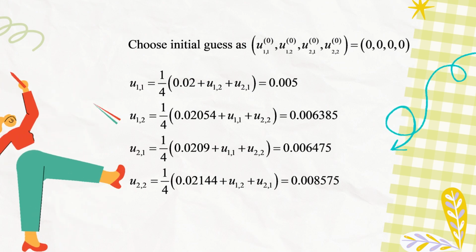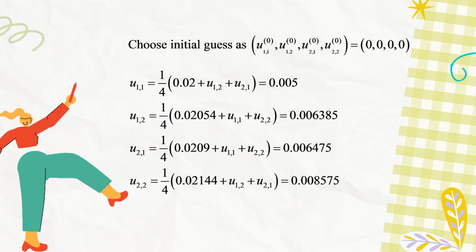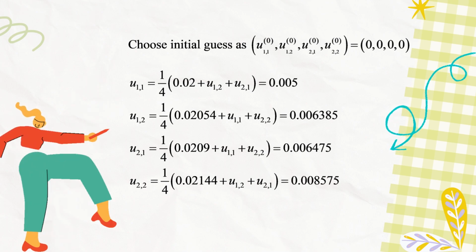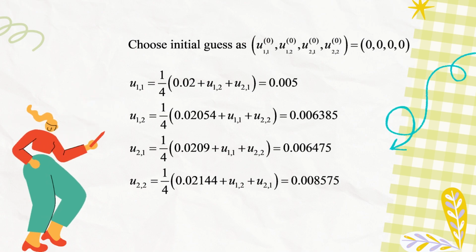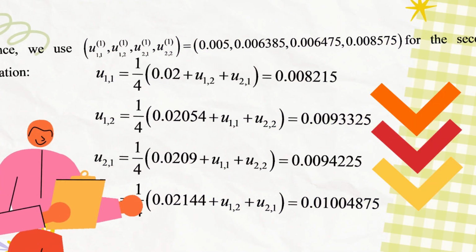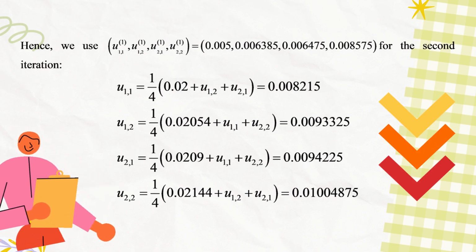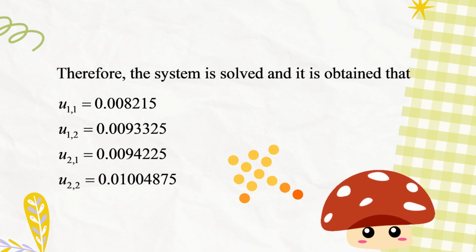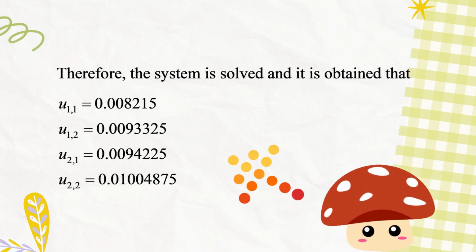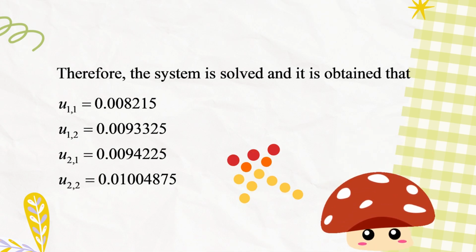Then we will obtain u11 equals 0.005, u12 equals 0.006385, u21 equals 0.006474, u22 equals 0.008575. After that, we will compute the second iteration. Therefore, the system is solved and we will obtain the values for u11, u12, u21, and u22 as follows.